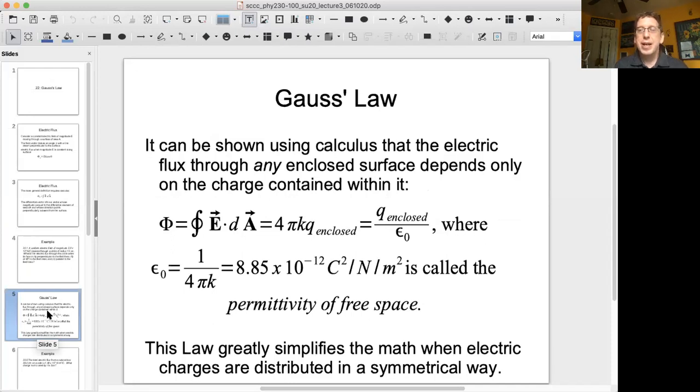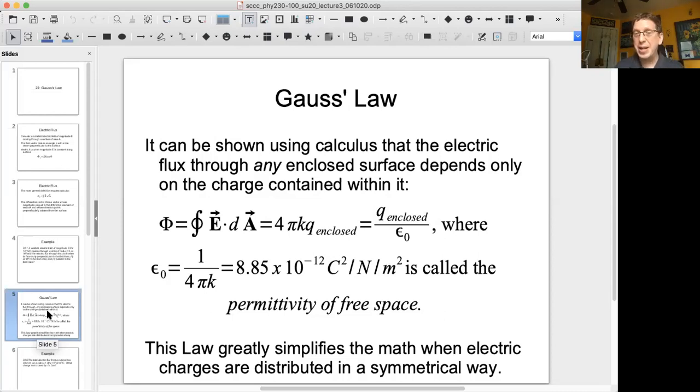But Gauss's law applies to fully enclosed surfaces. So not a flat circle, but rather maybe a fully enclosed sphere, a fully enclosed cylinder, a cube, something three-dimensional rather than something two-dimensional. And you're only interested in the surface of that three-dimensional object.